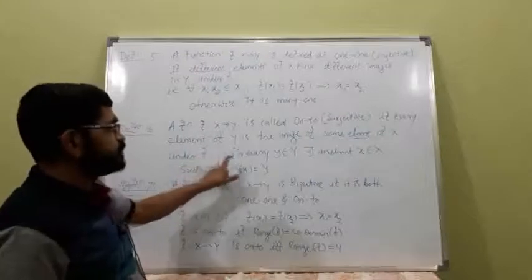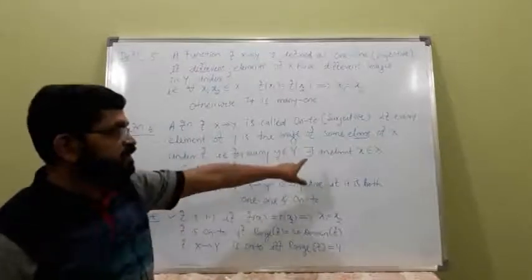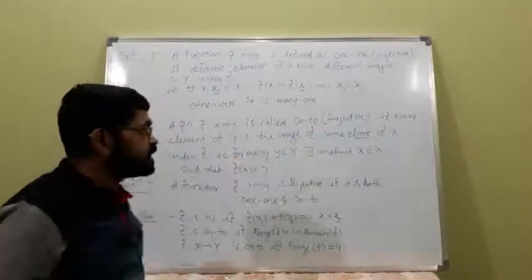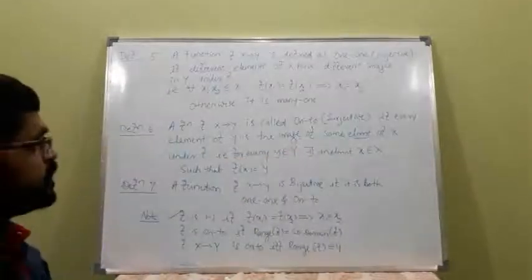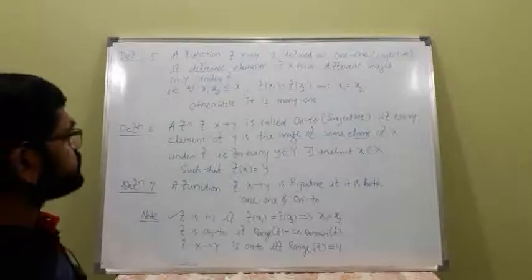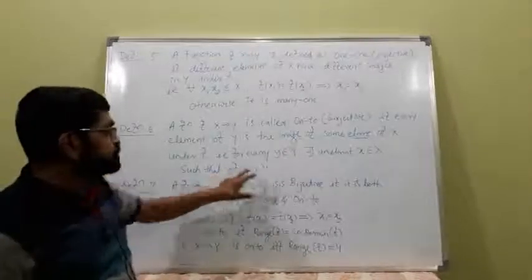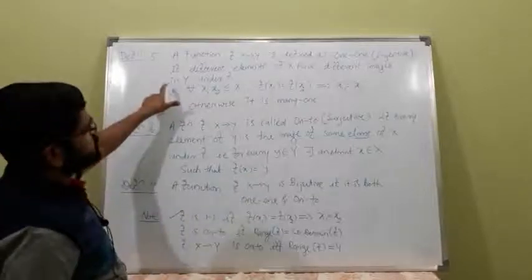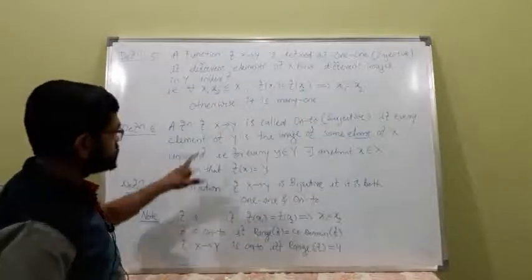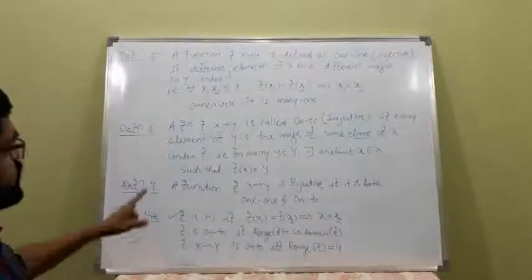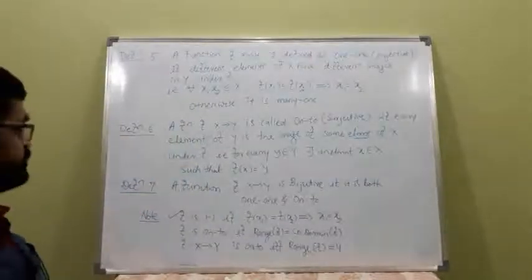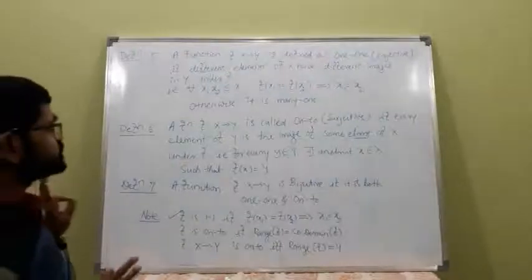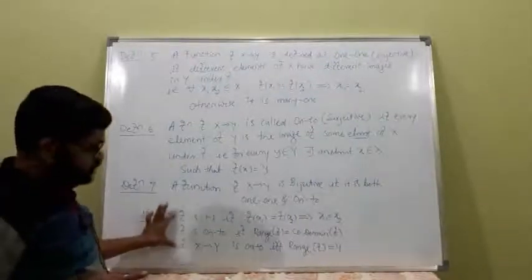That is, for every y belongs to Y, there exists, this is the notation for there exists, an element x belongs to X, the domain, such that f(x) is equal to y. If a function is both 1-to-1 as well as onto, then that is called a bijective function. Okay, to solve examples, you remember this much is enough.